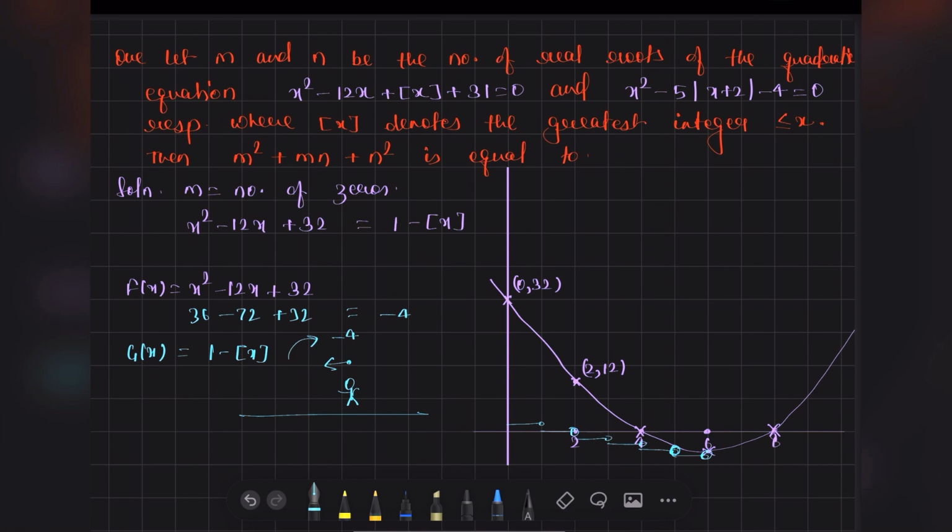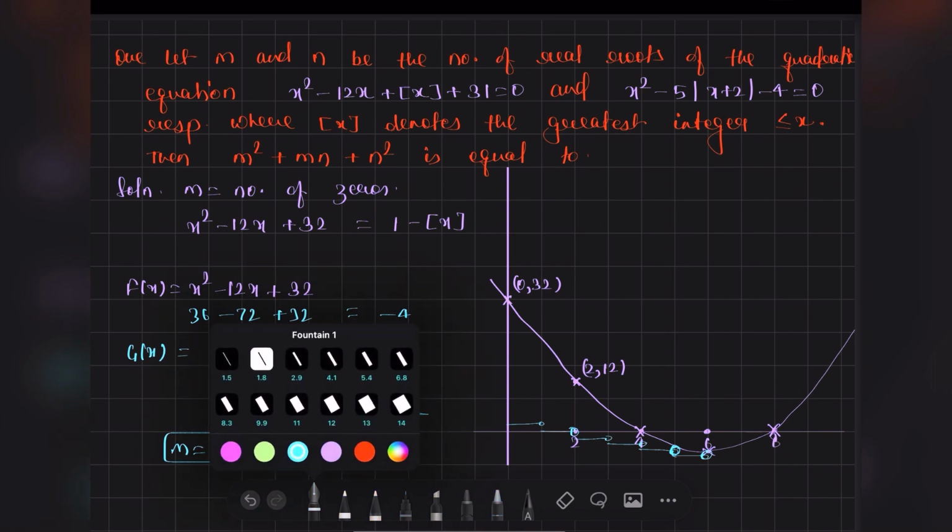Now it will keep on going below, and the graph will keep on decreasing, so the number of zeros in this case we got as 0, so m equals 0. I hope this part is clear.